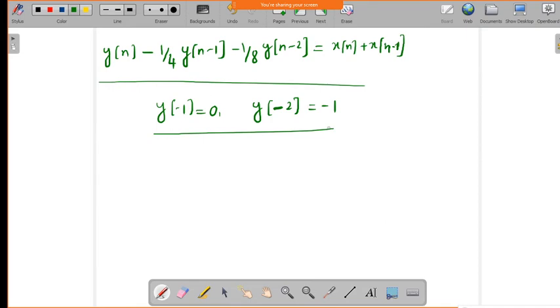Now to find the values, first we find the characteristic equation, which is 1 minus 1 by 4 r power minus 1 minus 1 by 8 r power minus 2 equal to 0.